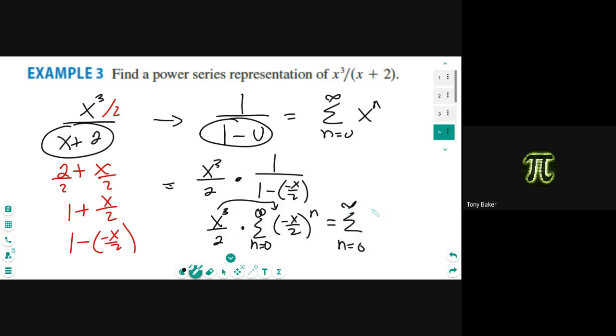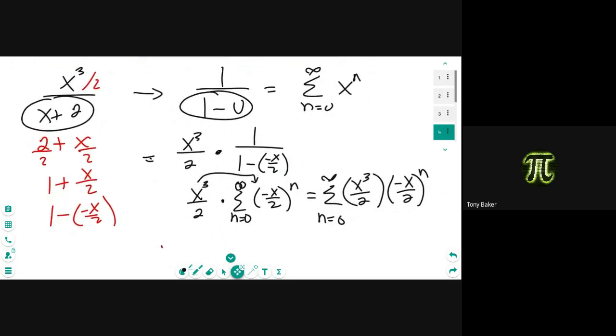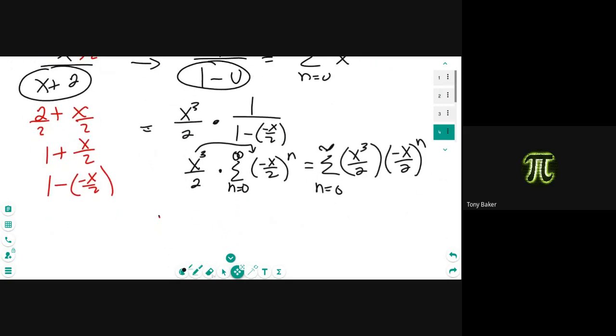So I have x to the third over 2 times negative x over 2 to the nth. Now we've got to clean this up.